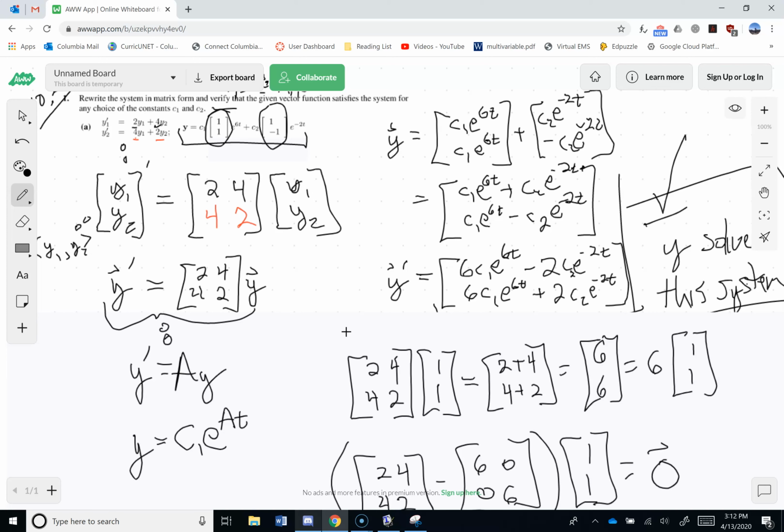If I find the eigenpairs for it, the eigenpairs are the value 6 with the vector 1, 1, and the value minus 2 with the vector 1, minus 1. And then I can just put them into this form, where y is c1 times the first eigenvector times e to the eigenvalue t, plus the same for the second eigenpair.